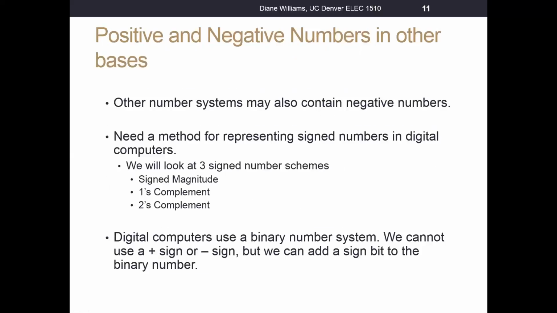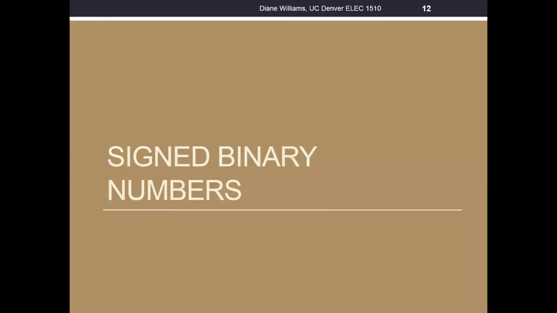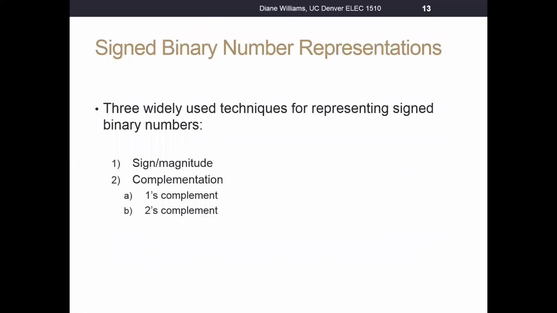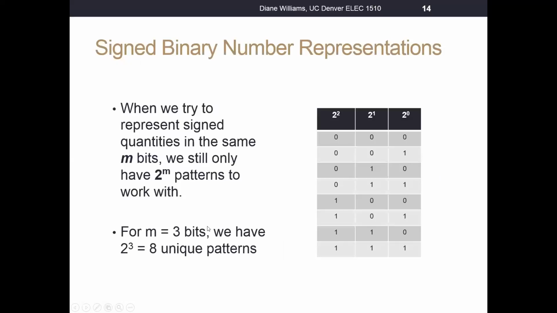What we're going to do is take one of the bits in our system, and treat it as the sign bit. So there are 3 widely used techniques for representing signed binary numbers. First, we'll take a look at the sign magnitude form, and then we'll look at the complement forms, the ones complement and the twos complement forms.